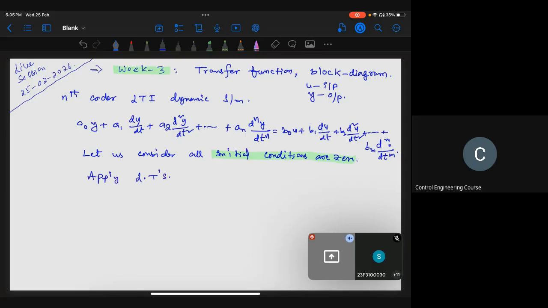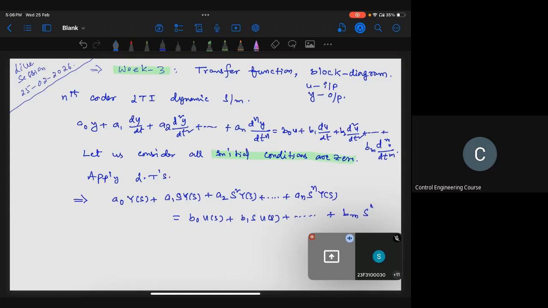Starting here, a0 Y(s) plus a1 s Y(s) plus a2 s² Y(s) plus etc., the last one being an sⁿ Y(s), equal to b0 U(s) plus b1 s U(s) plus etc., the last one being bm sᵐ U(s).